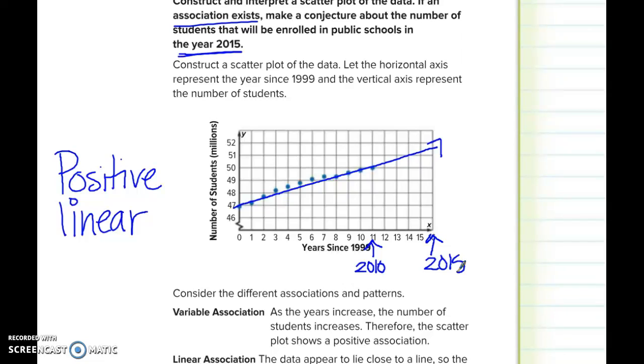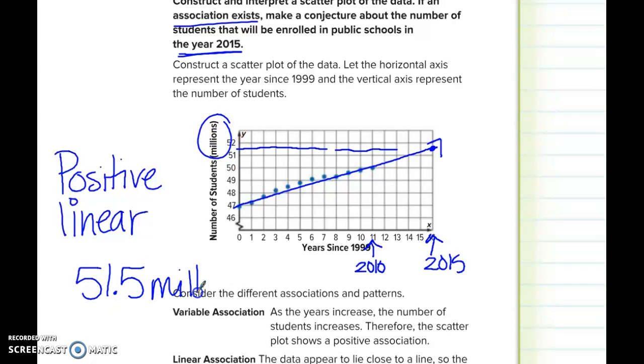So in 2015, we could predict that there would be approximately, if I put a dot there and then followed over here, approximately 51.5 million students enrolled. So that's how we can make a conjecture.